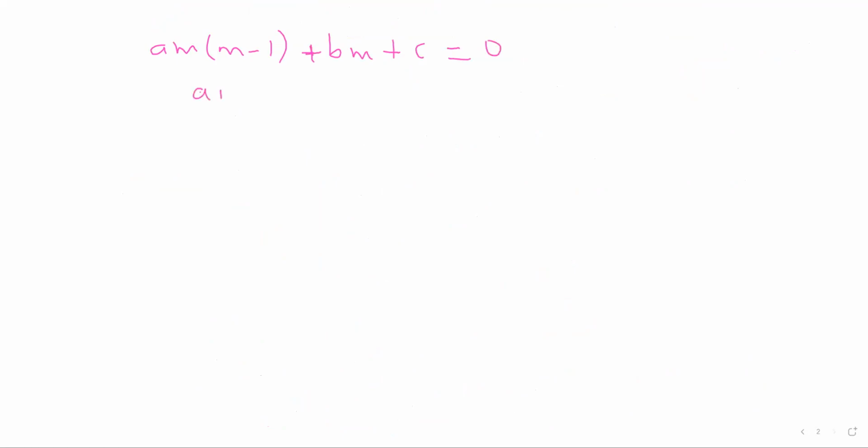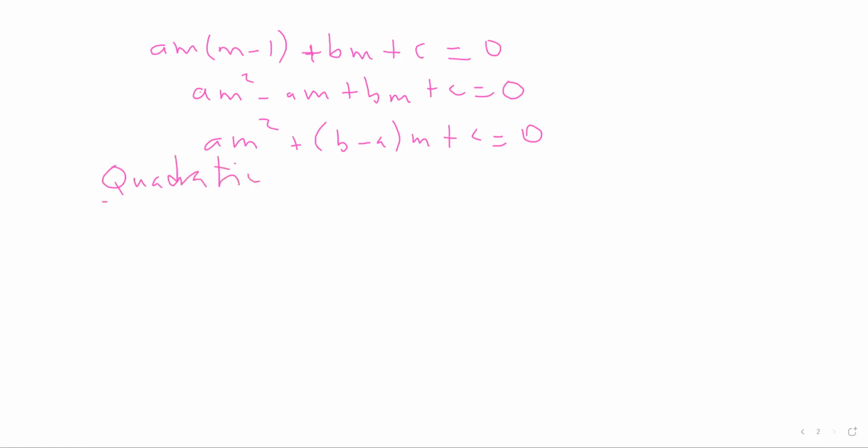Then you can write it again as a m squared minus a m plus b m plus c is equal to 0, and factorize it as a m squared plus b minus a m plus c is equal to 0. Then you can solve a quadratic equation.